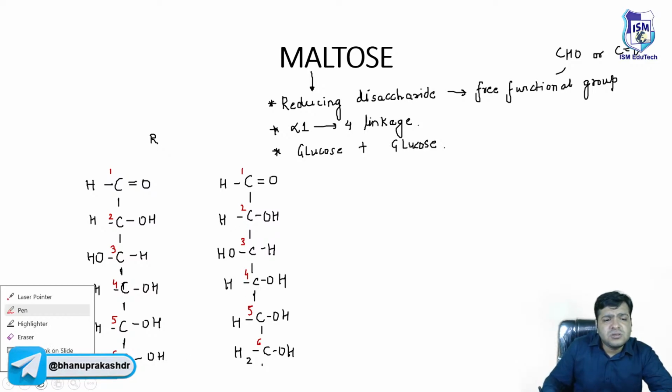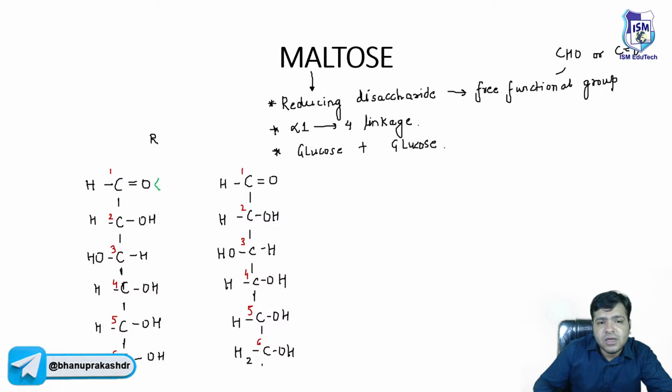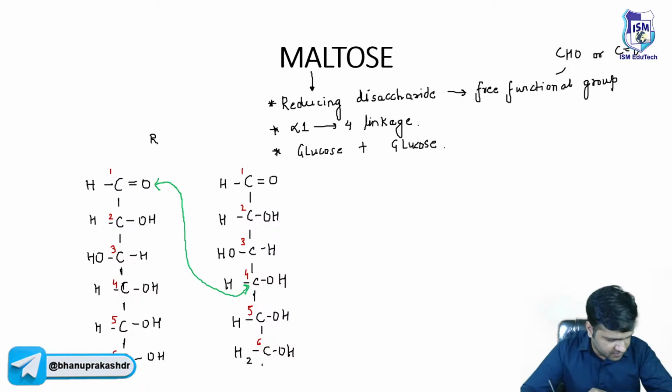Now, when I say alpha 1 to 4, you can see CHO over here is at the first carbon. The first carbon of the first glucose will react with the fourth carbon of the second glucose.